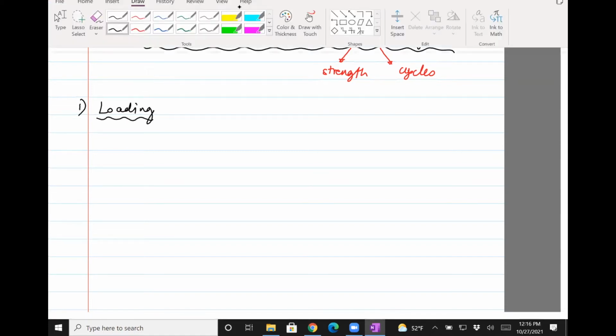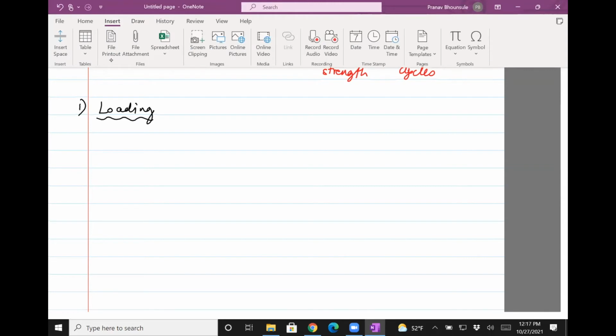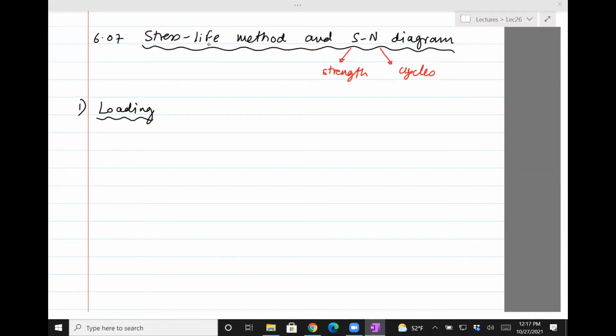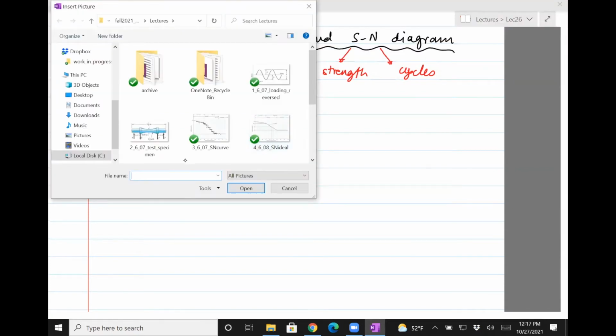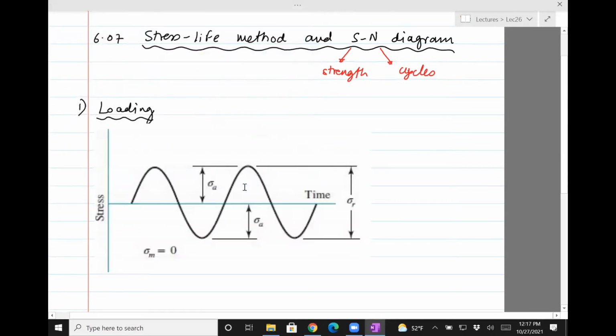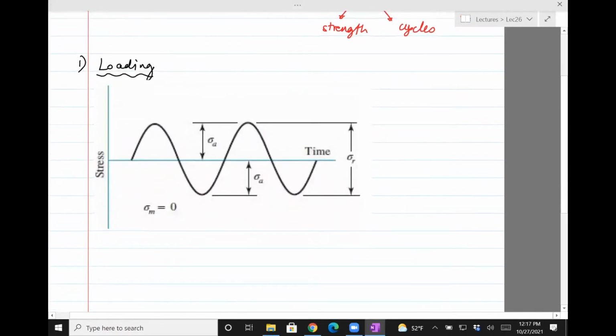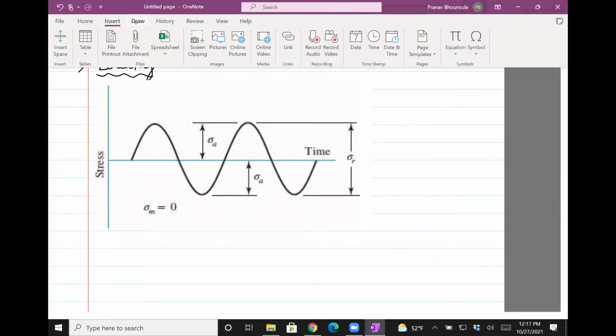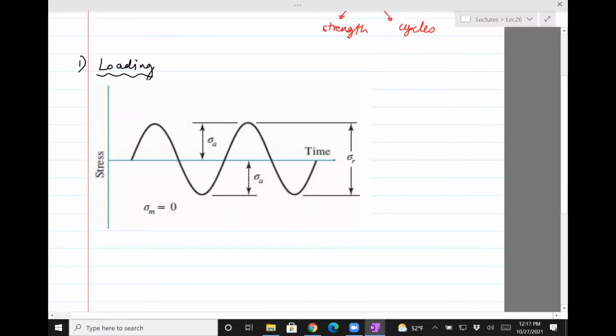Well, what you do is you have what is known as reverse loading. I could draw it, but let me just put it from my screenshot. Okay, so you can see that this is the zero stress, this is the max stress, and this is the min stress.